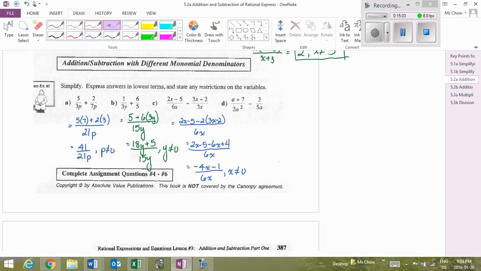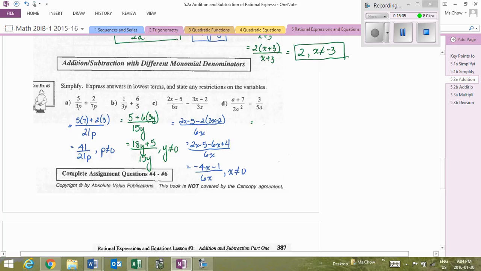For part D, then, our common denominator, we've got 2 times and 5. They share no common factors, so we're going to have 10, and then this is a squared, which is a times a, so if I just multiply a by a, we'll get a squared, so 10a squared will be my least common denominator.